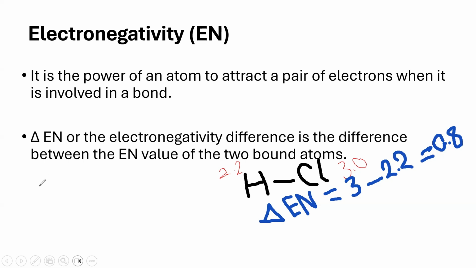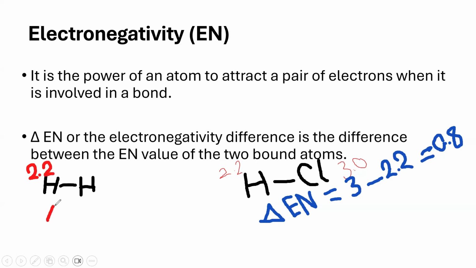H2 has a bond between the two H atoms, and every H atom has an electronegativity of 2.2.